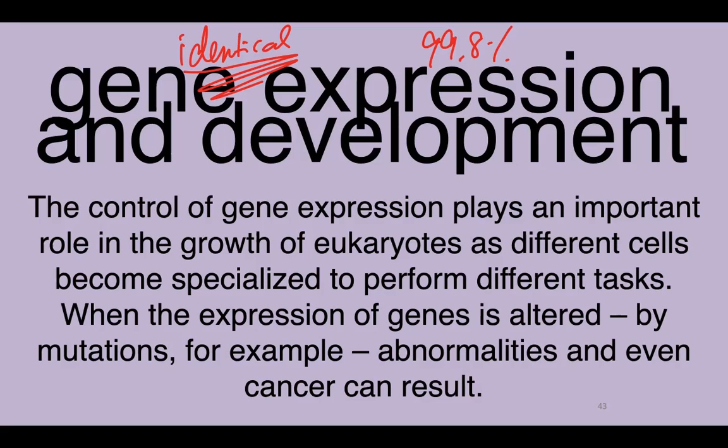So if a woman is pregnant and there is a mutation in gene expression during development, the fetus could be spontaneously aborted, which means the female's body pushes it out because it's not normal and it can't result in a viable organism. So we're going to go through all that.